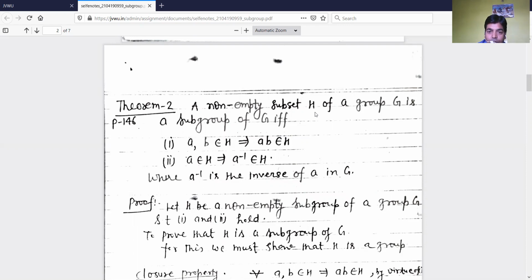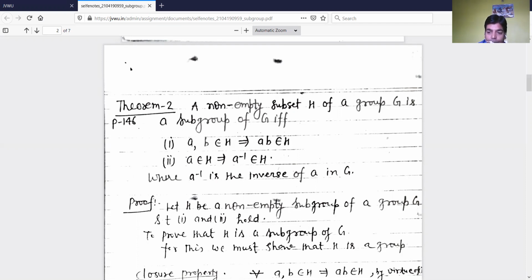We have to show that if H is a subgroup of G, then these two properties will be satisfied. And because it is if and only if, the reverse is also true: if H satisfies these properties, then H will be a subgroup.